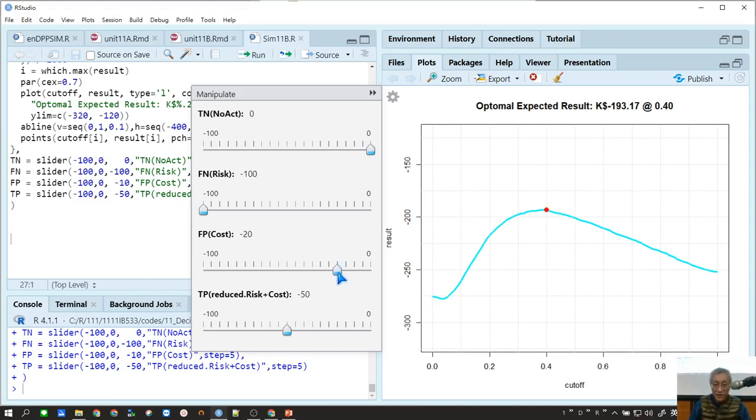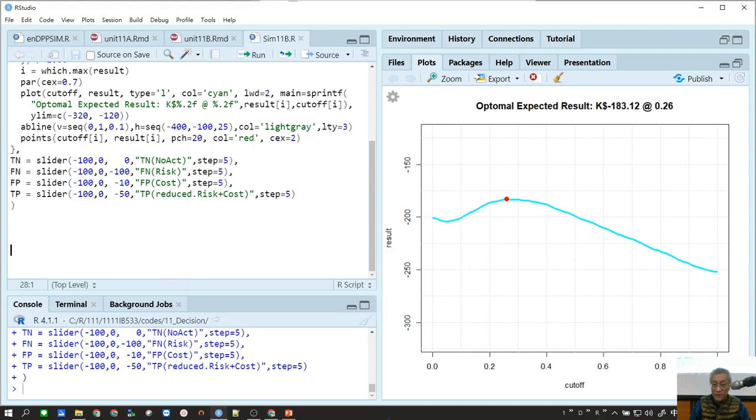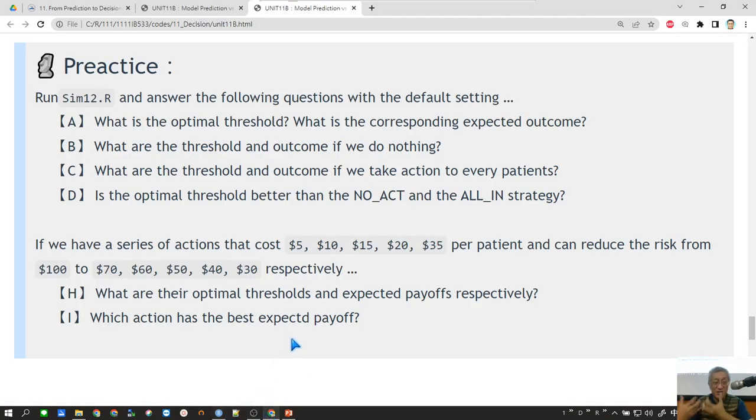Now let's consider another case. If we have a series of treatments, say 5 different treatments, the costs are different, and the extent to which they can reduce the risk is different.